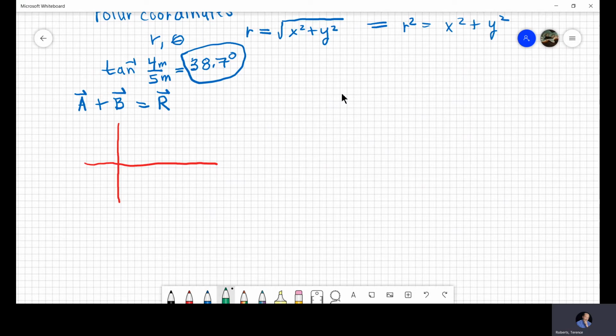So when we add two vectors, let's say we have this is A vector, and this is B vector.